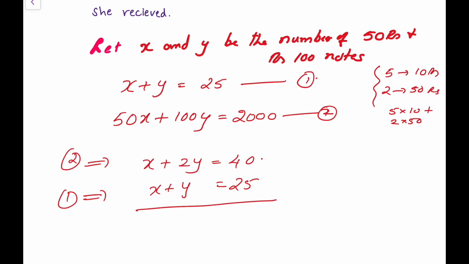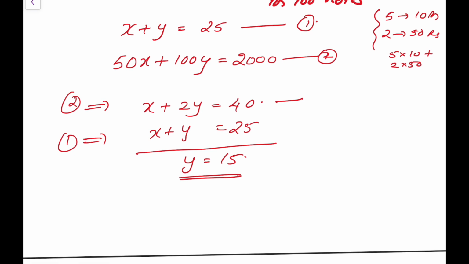Solve it. So here x and x are there, so we will subtract. So you will get 2y minus y is y equal to 15. Substitute in equation 1. You will get x is equal to 25 minus 15 equal to 10.